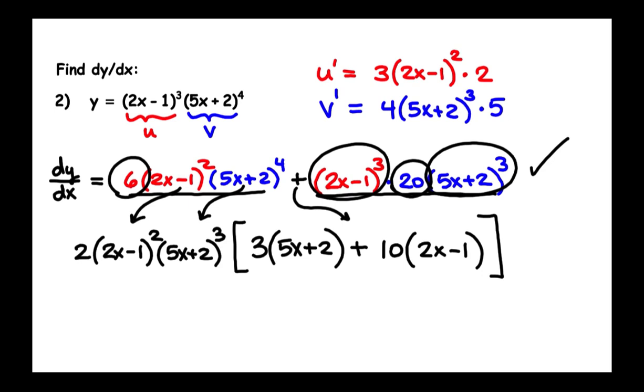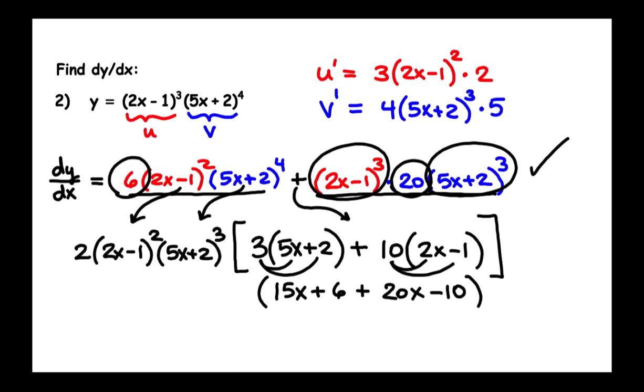We have to employ some distributive property. Yeah, woo, distributive. So it's going to be 15x plus 6 plus 20x minus 10. If you don't like the shape of brackets, you can replace them with parentheses. Brackets and parentheses are the same thing. The only difference is the shape. That's not really simplified yet, but I can combine some like terms.